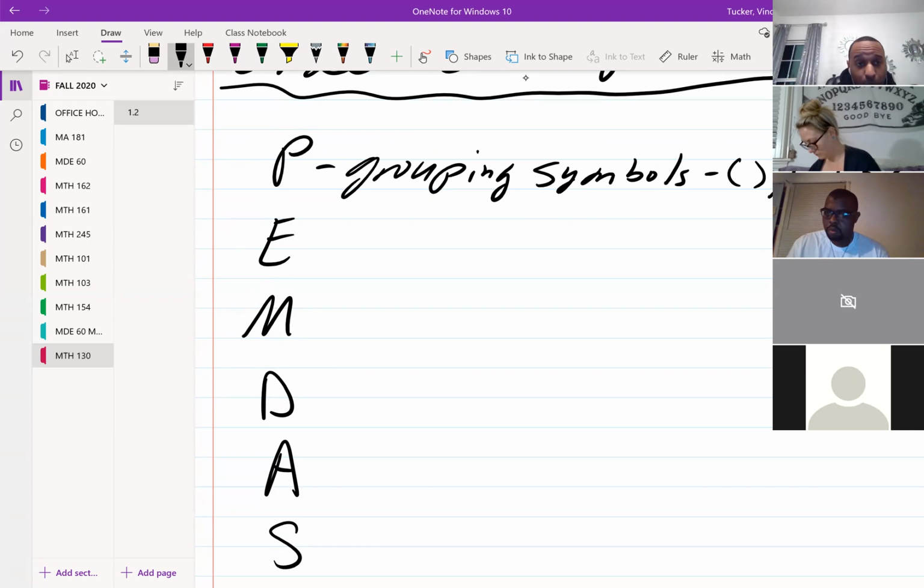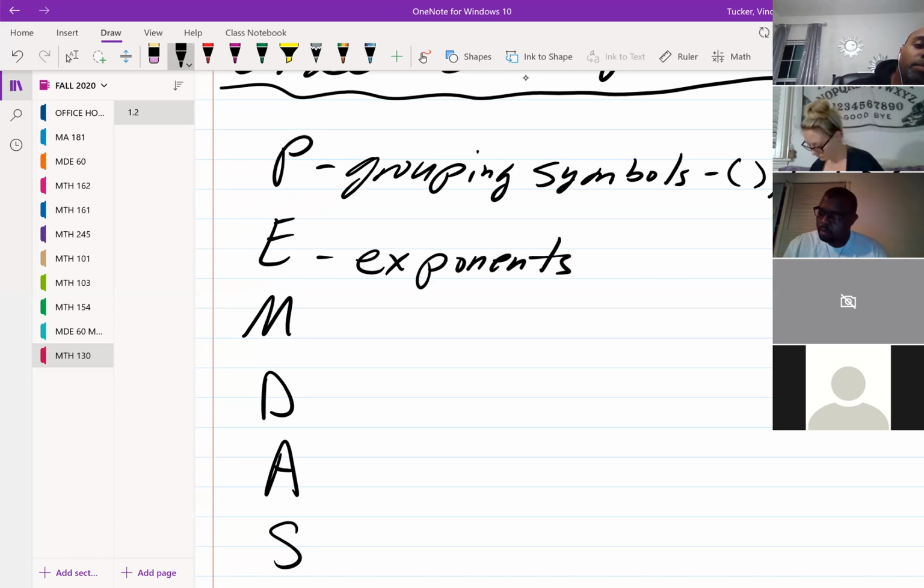So the first thing that should get your attention when you're doing order of operations will be any grouping symbols that you see. Next thing that should get your attention, exponents.